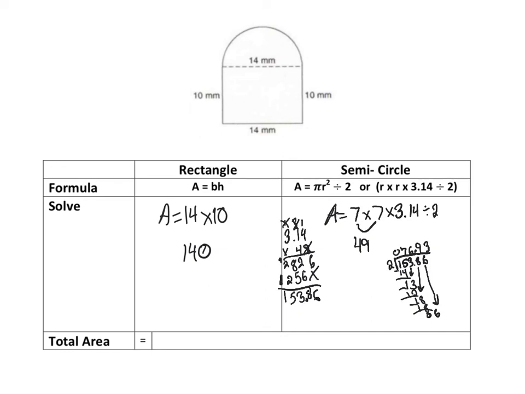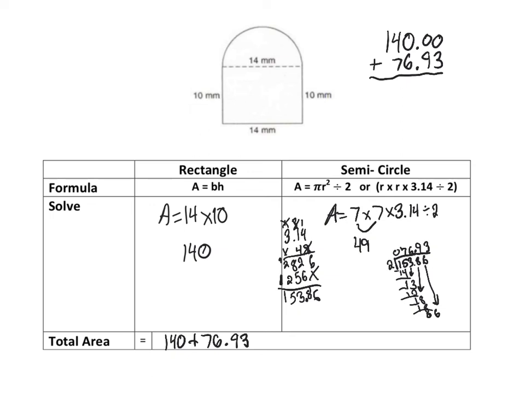Now we have to add the two areas together. 140 plus 76.93. That's a little hard to do sideways, so I'm going to rewrite it up top. 140 plus, lining up my decimals, 76.93. Since 140 doesn't have decimals, I have to add them.